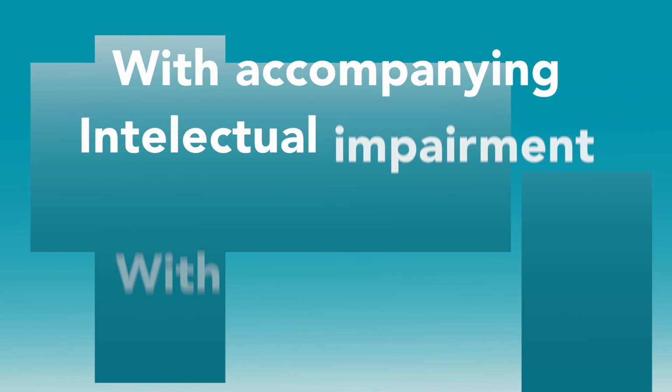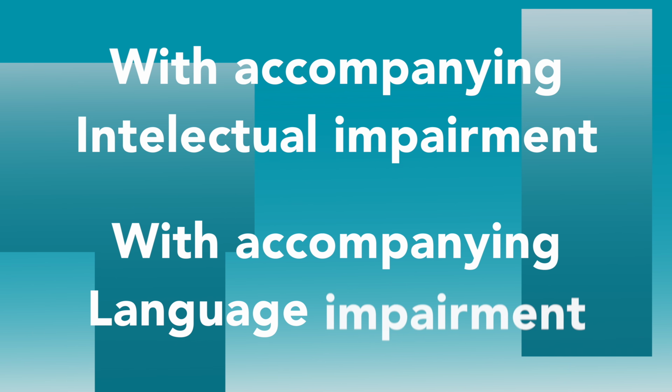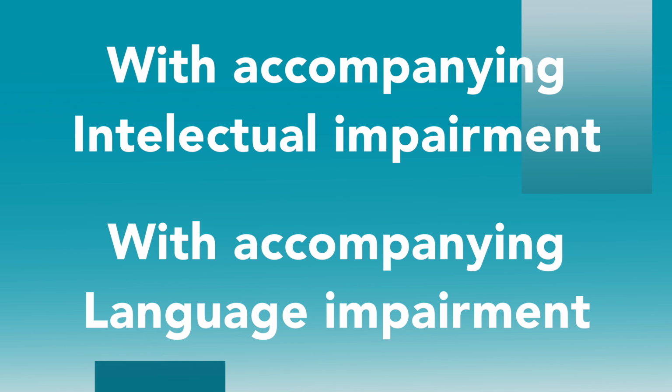And then the other two, with accompanying intellectual impairment and with accompanying language impairment, those two things are also the goals of treatment. We aren't going to say, this is mild autism. I'll say, this is autism spectrum disorder, level 2 in communication, level 1 in restricted repetitive, and whatever that is. And what I often tell families is the goal is to be at level 1 in both of those.